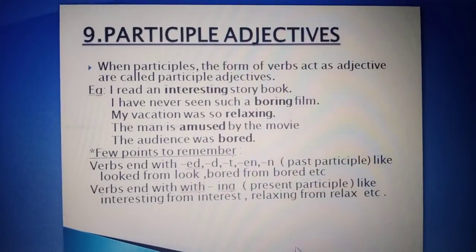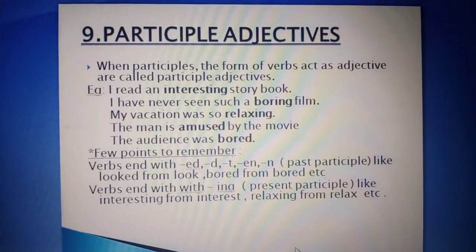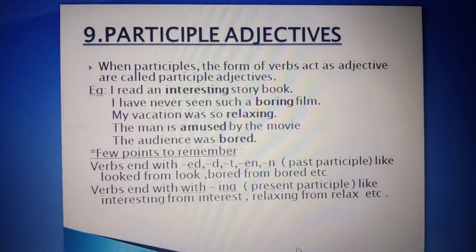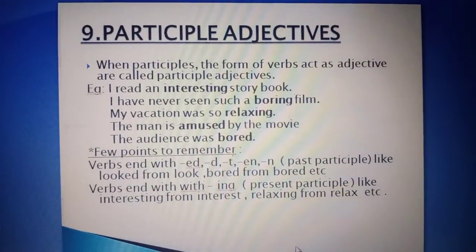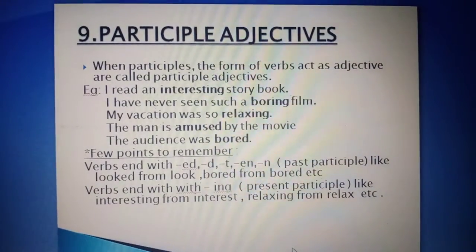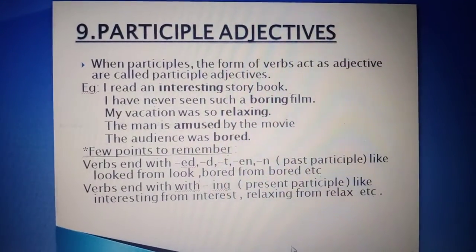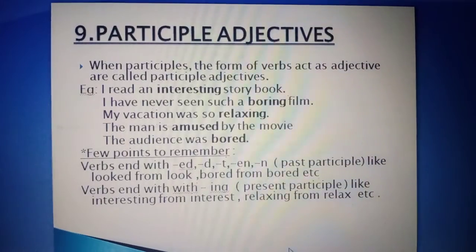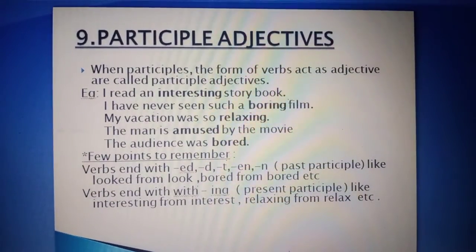You see the examples. I read an interesting storybook. I have never seen such a boring film. My vacation was so relaxing. The man is amused by the movie. The audience was bored.